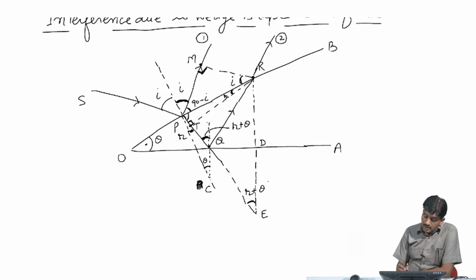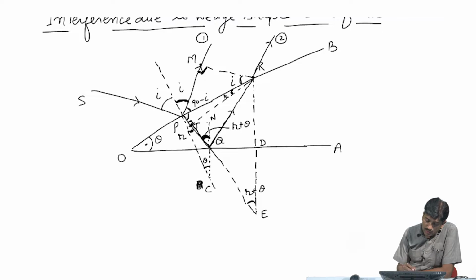Now, we have seen that this angle is R plus theta. PQ, we can consider it N. PQN is R plus theta, and for this point Q, this light ray is incident and this is reflected.